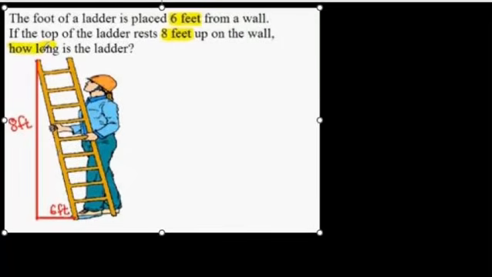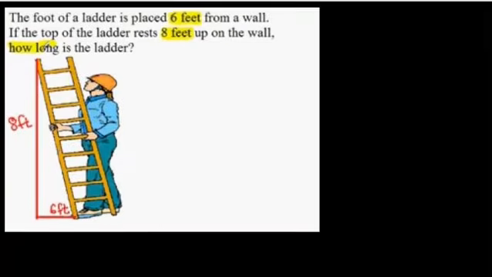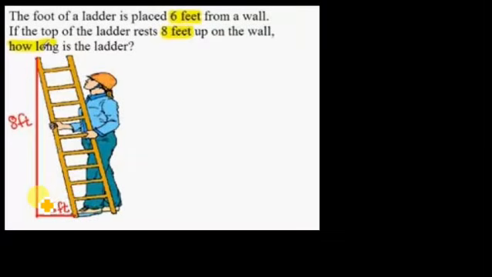You can see that this is 90 degrees, and the sides are 8 foot and 6 foot. Opposite the 90 degrees is x, and this is the hypotenuse.